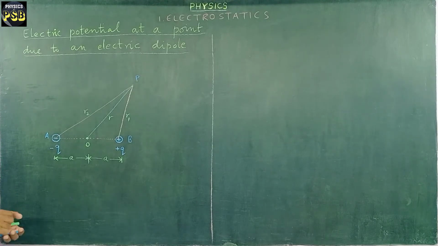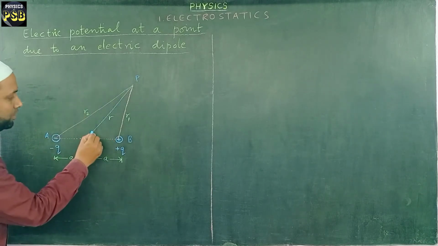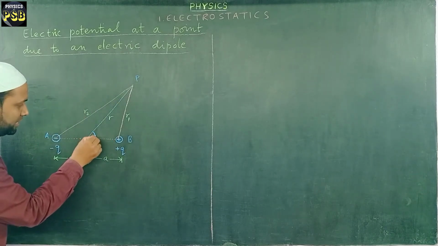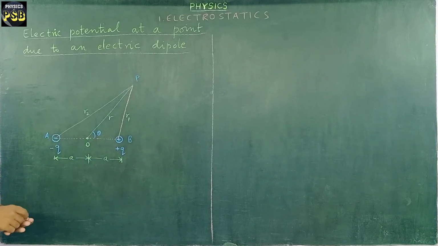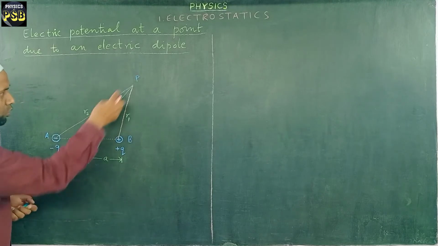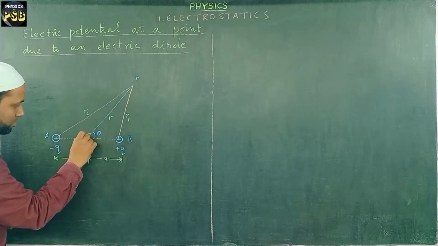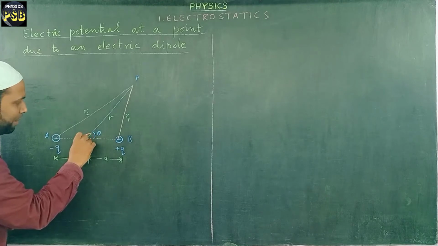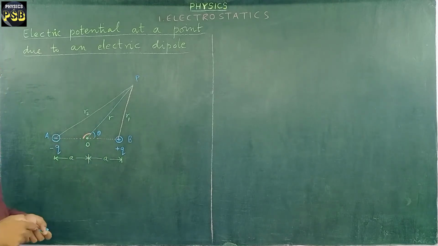Then the angle between OB and OP is taken as theta. If it is so, then what will be the angle between OP and OA? This can be obtained if we subtract theta from the total angle.